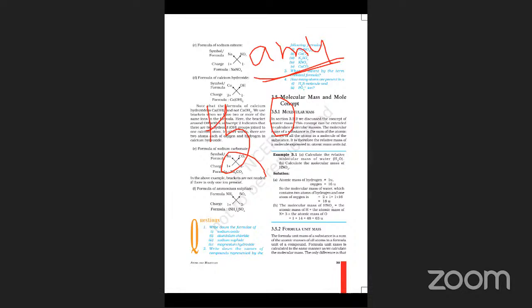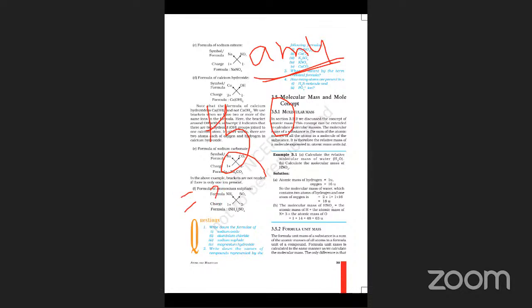Now how to find out the molecular mass of H2O? Advai, you tell me how many atoms are involved in this molecule? Sir, two. Two atoms of hydrogen and one atom of oxygen. Yes.